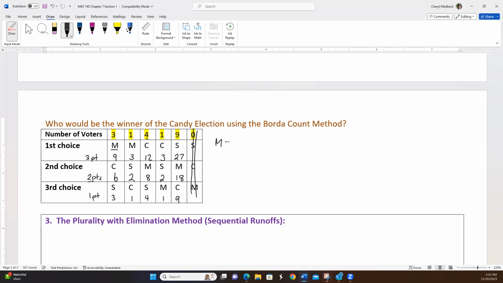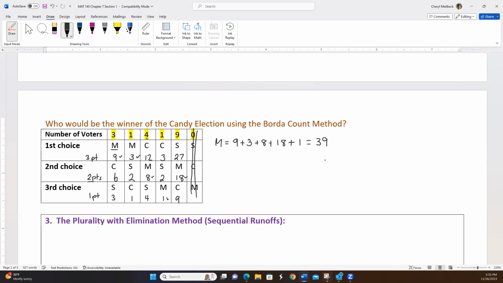So for miniatures, we're going to total up, let's see, wherever it occurs. So here we have 9 plus 3. And then here we have 8 plus 18. And here we have 1. So if we add that up, we get 27, 39, I believe.